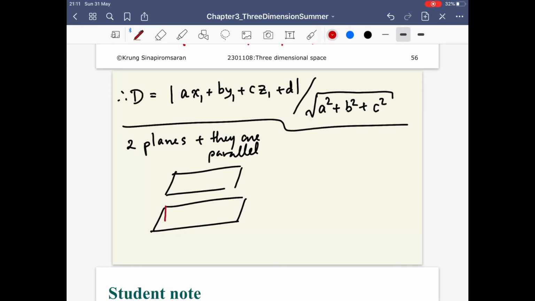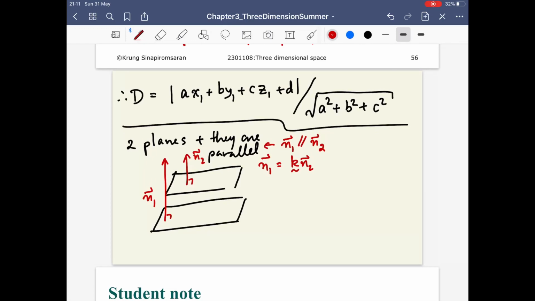One of the planes has its normal n1, and the other has n2. Because they are parallel, n1 is parallel to n2, and actually n1 is k times n2. There is a k that can make it happen.